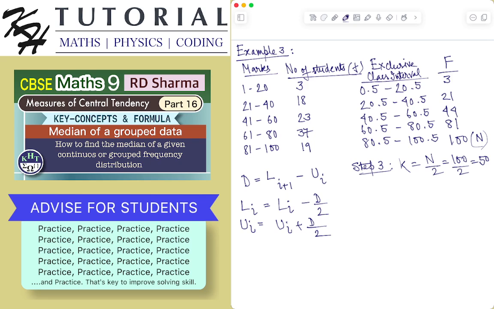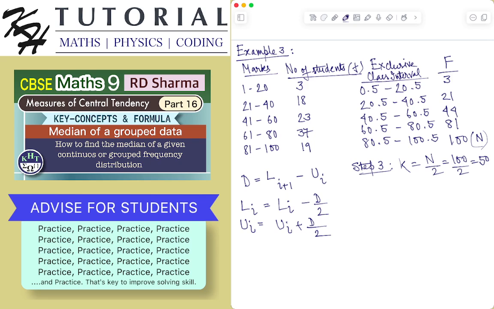Seeing the capital F column, that is the less than cumulative frequency column, I have to identify the two consecutive rows whose F value includes the K value, that is, K lies between the F values of those two consecutive rows.